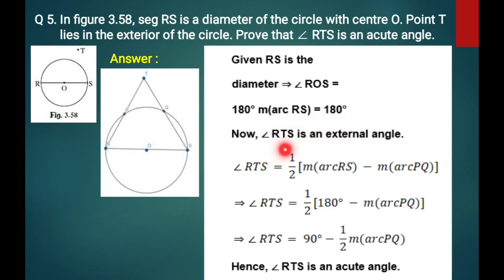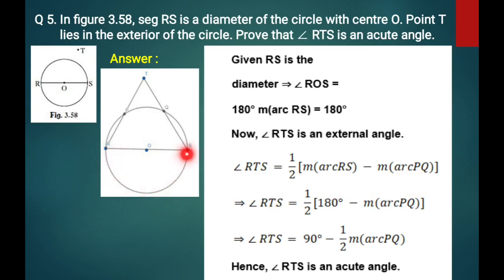Now angle RTS is an external angle. So by using the external angle property, angle RTS equals half of the measure of arc RS minus the measure of arc PQ.